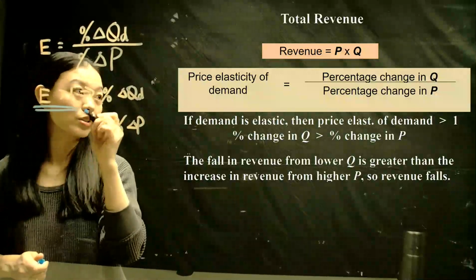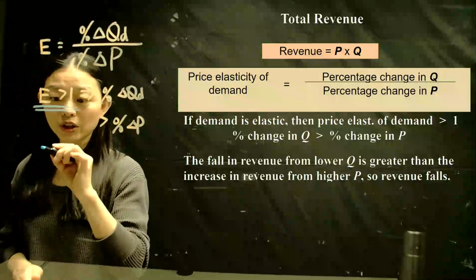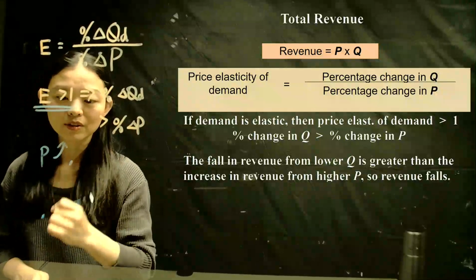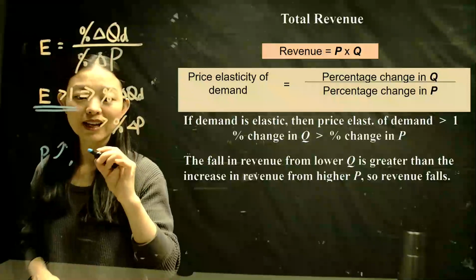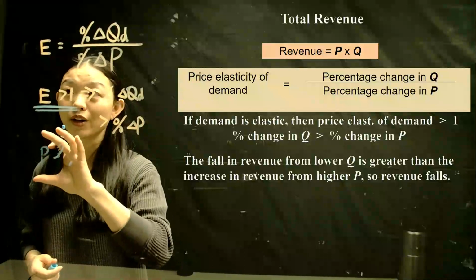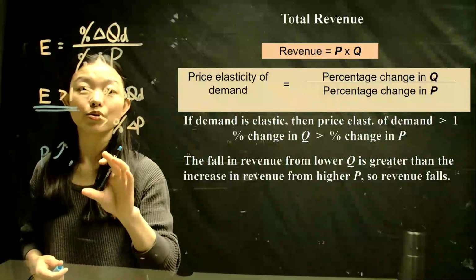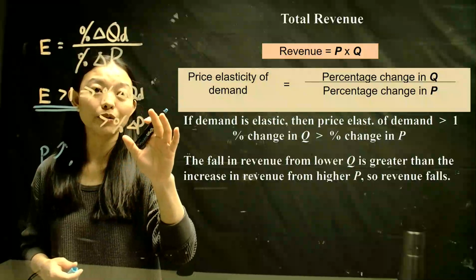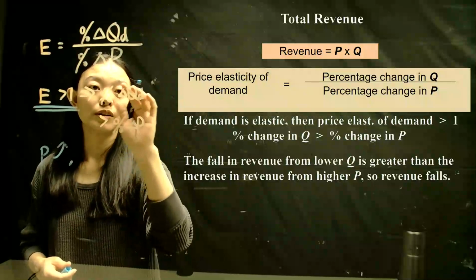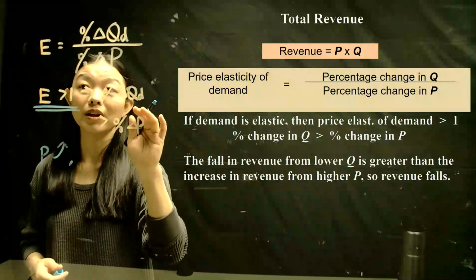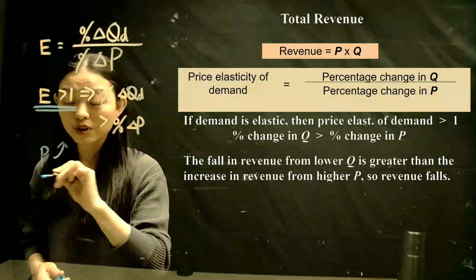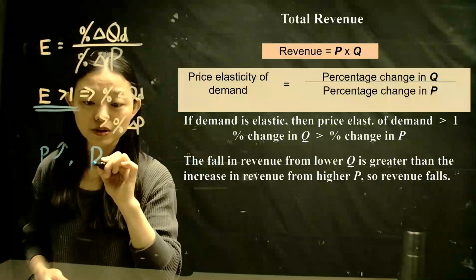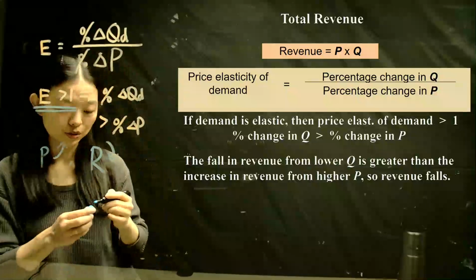The revenue that you gain from increasing the price cannot recover the revenue lost due to the fewer quantity sold. So increasing the price will actually make your total revenue decrease.